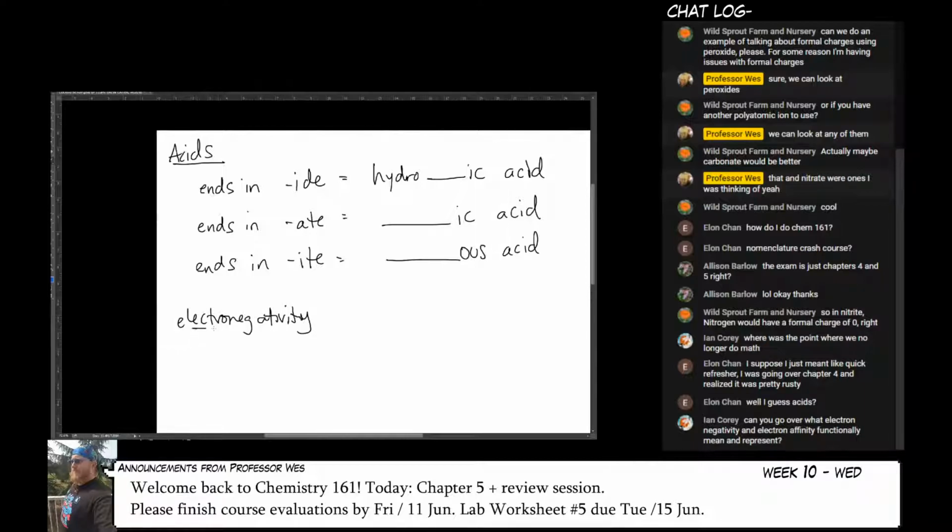So electronegativity is defined as the ability of an atom to pull electrons toward itself. Now, typically, we use this in the context of bonding.